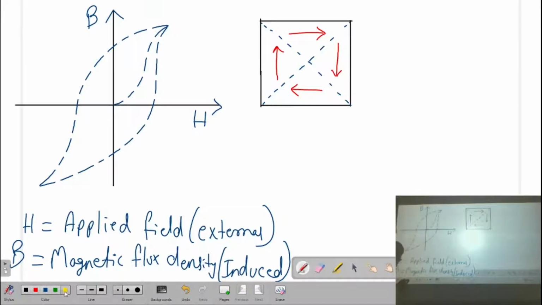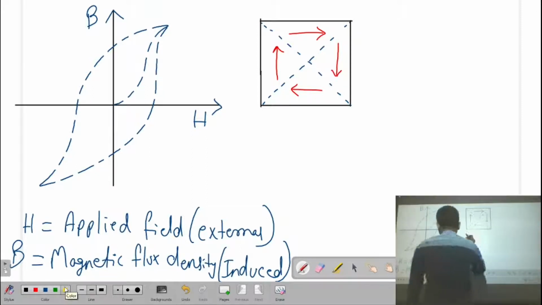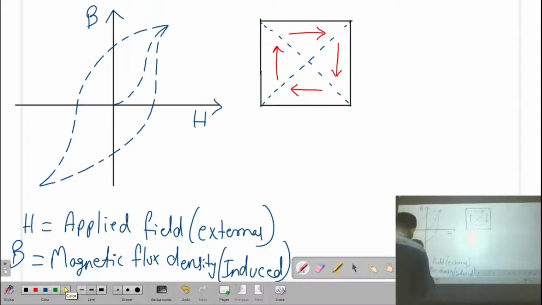Now, as H is the external applied magnetic field, let me apply a weak field first.